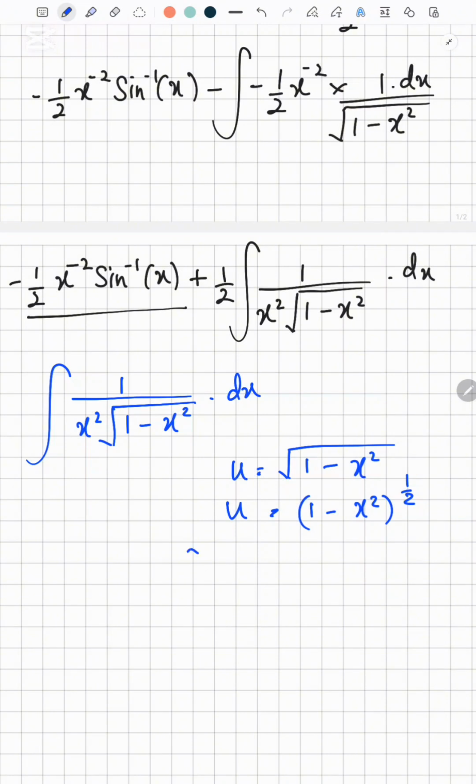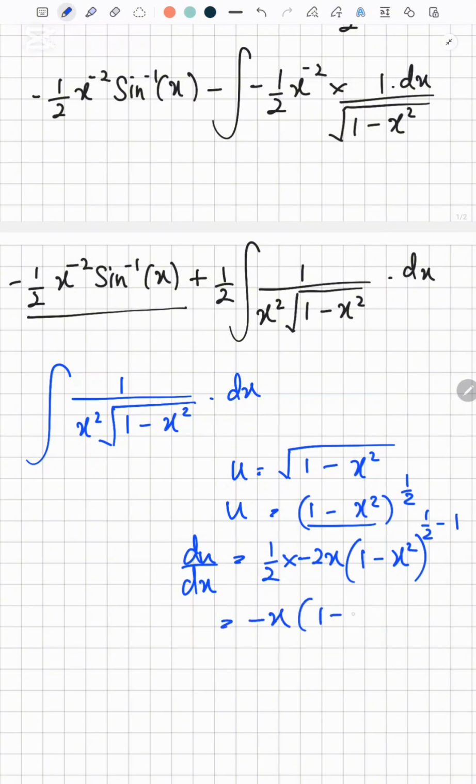Now when you differentiate, du over dx equals: half comes down, and then you differentiate what you have inside, that's minus 2x, into 1 minus x squared to the power half minus 1. So that's basically minus x into 1 minus x squared to the power minus half. You can rewrite this as minus x over root 1 minus x squared.